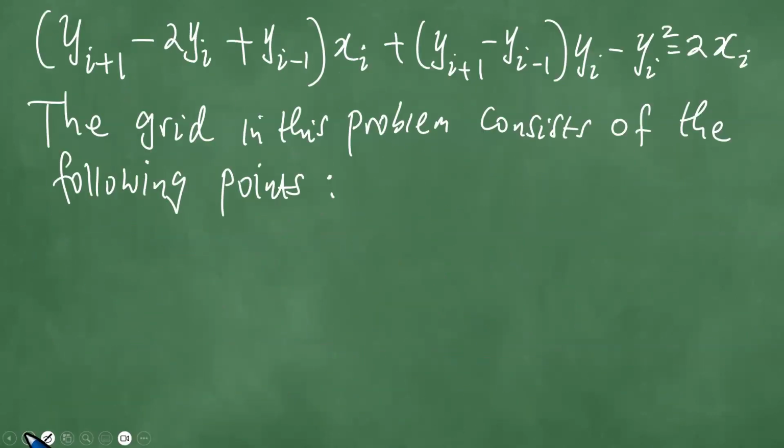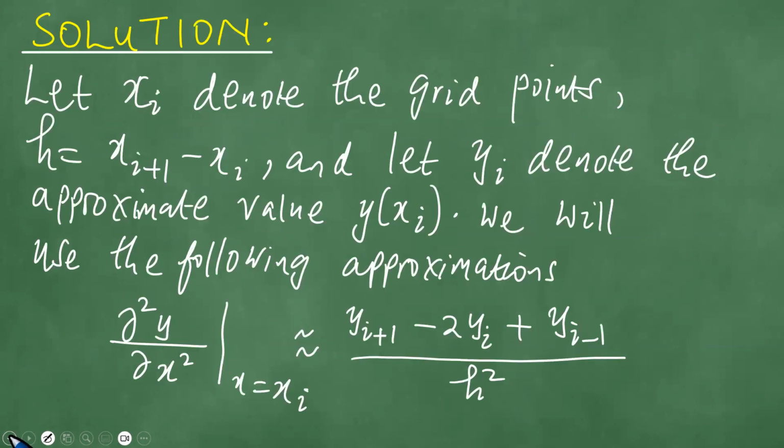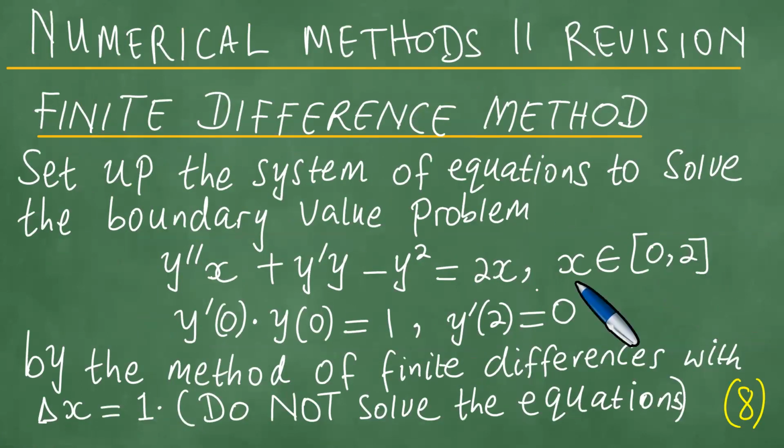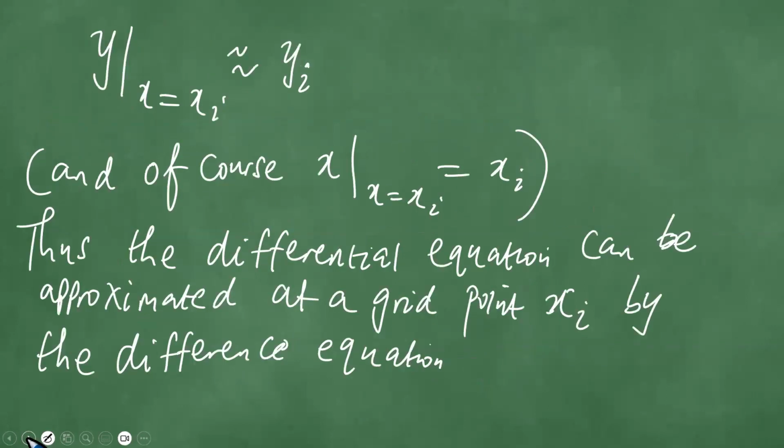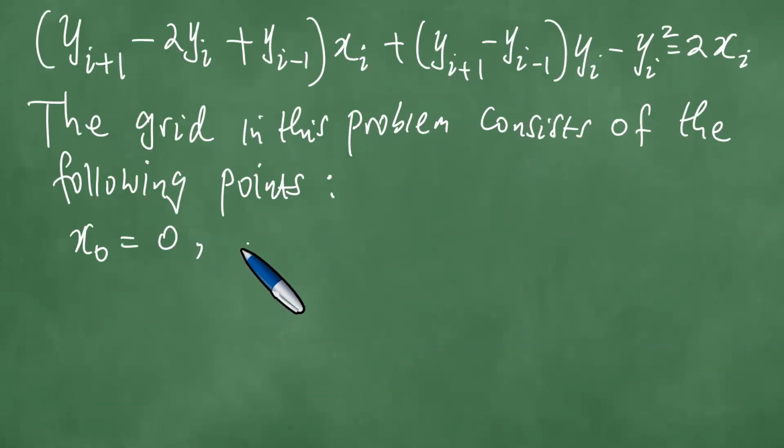It means that x0 equals 0, and then you continue to add the h until you reach 2, because the x's are between 0 and 2. So if you add 1, you get x1, and then you add again, x2. 1 plus 1 is exactly 2.